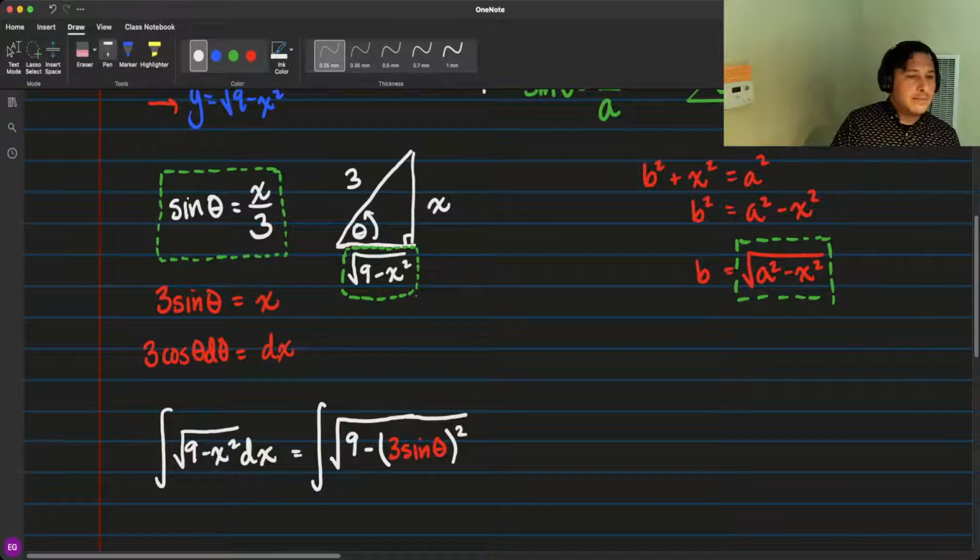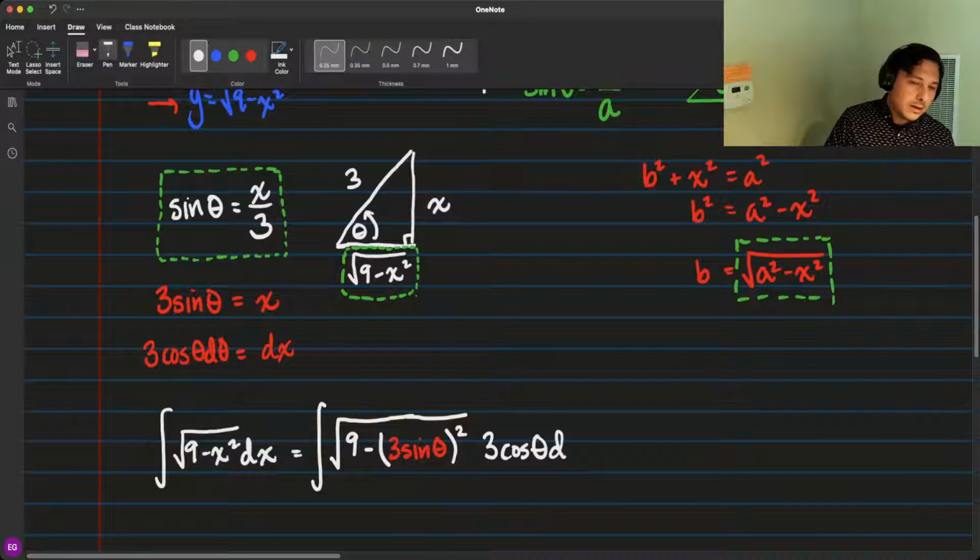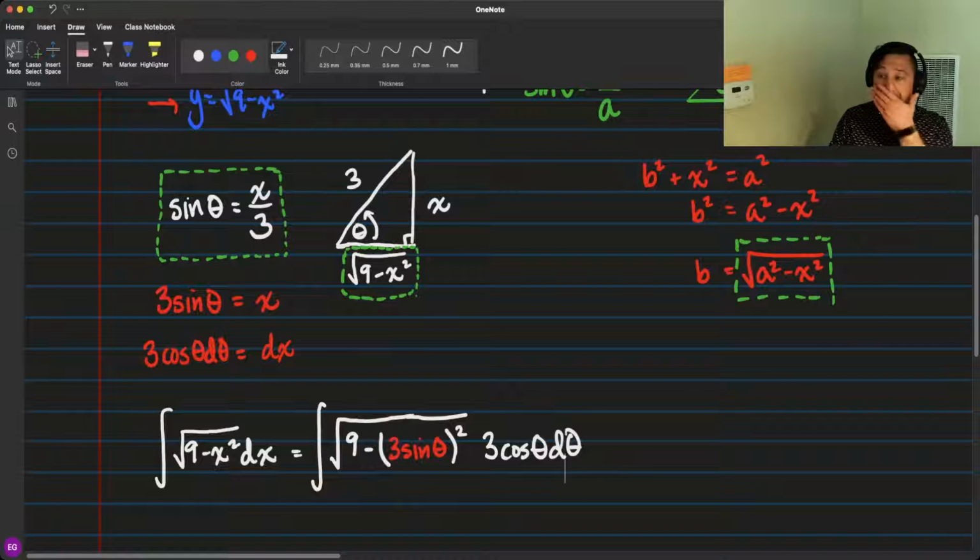And what can I replace my dx with? I can replace my dx with 3 cosine theta d theta.